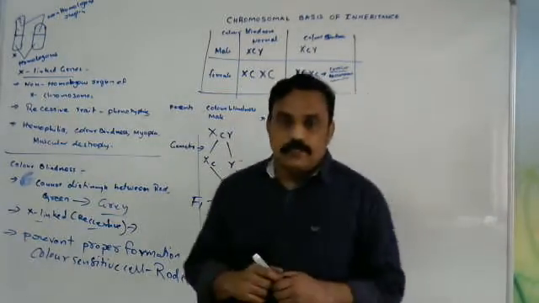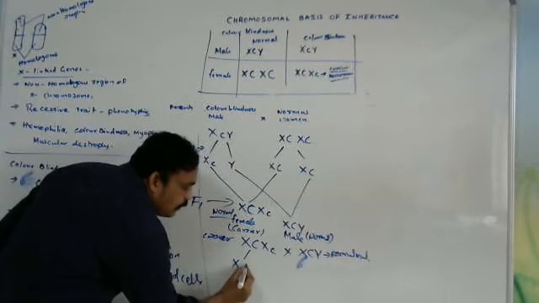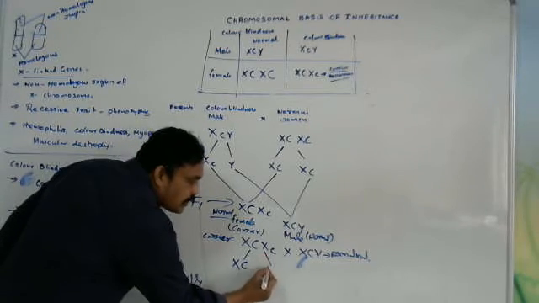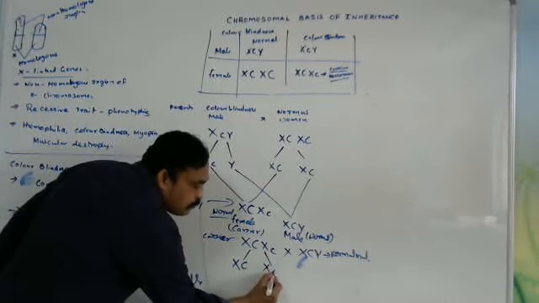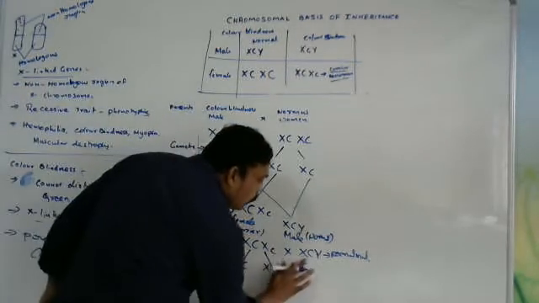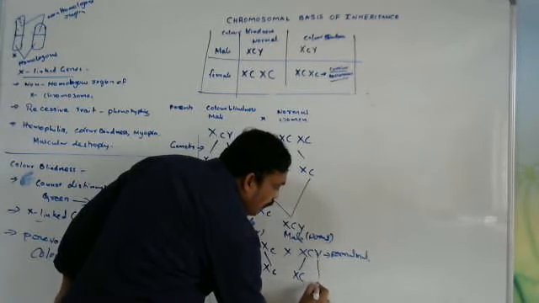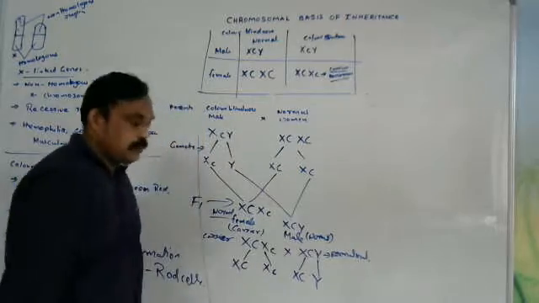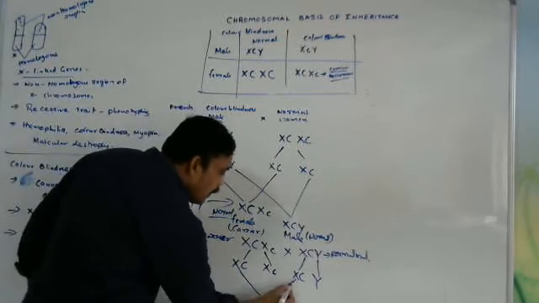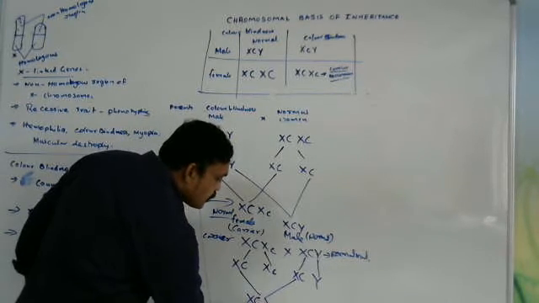Now gamete formation: X capital C and X small c from her, and from him X capital C and Y only alone.